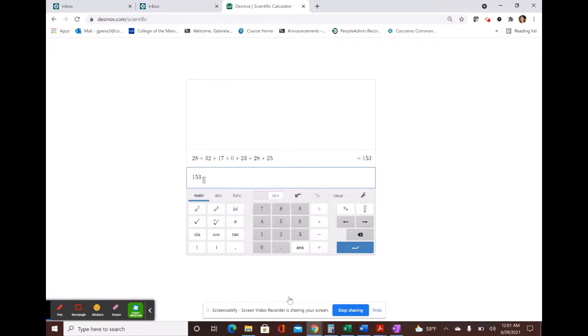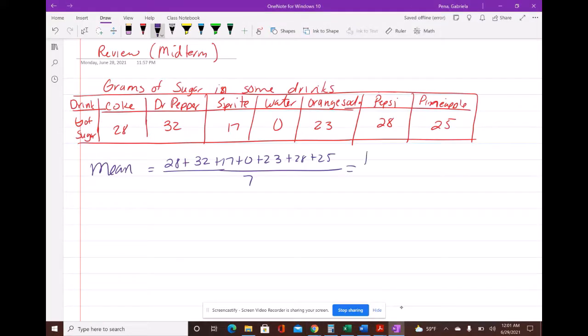I'm going to do 153 divided by 7, which gives me 21.857. So we're going to round this to 21.9 just to make things easy. So that's my mean. For my median, please remember to put them in order from smallest to greatest.